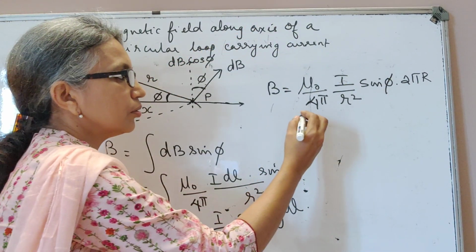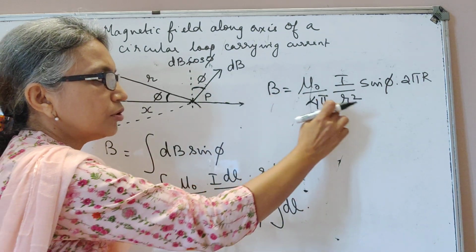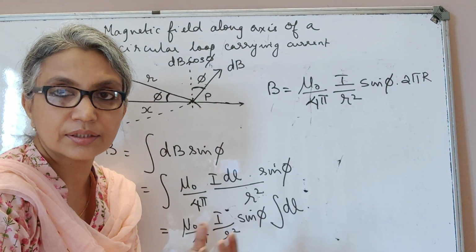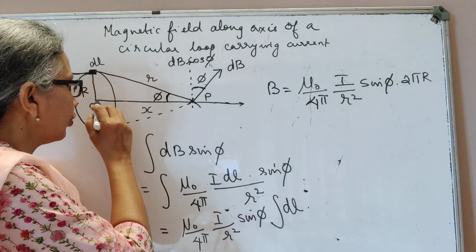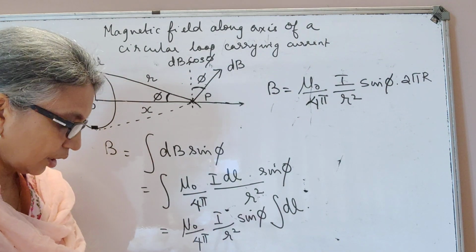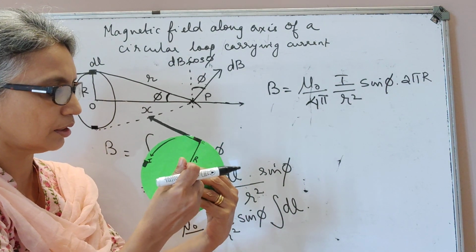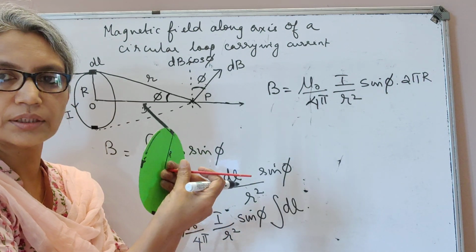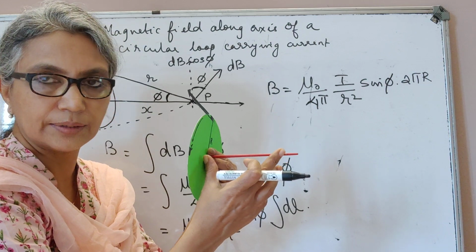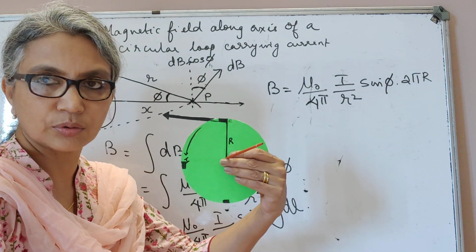Okay, so now we've got the total field at point P. I need to replace r square and sine phi, because to get your final answer into concrete values, I can measure x, a measurable quantity. If you take a loop, you can easily measure the distance from the center to the point P where you're going to find the magnetic field. I can measure x easily. Similarly, the radius of that circular loop is also known.